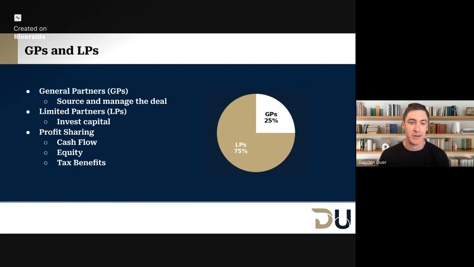The profit sharing of the cash flow, equity, and tax benefits, like I said, all pass through to the limited investors. And as you can see on this pie chart below, a typical structure can be anywhere from an 80-20 split, so 80% to the limited partners, 20% to the general partners, to a 60-40 split. It really just depends on the structure of the deal and the returns that the deal is giving.